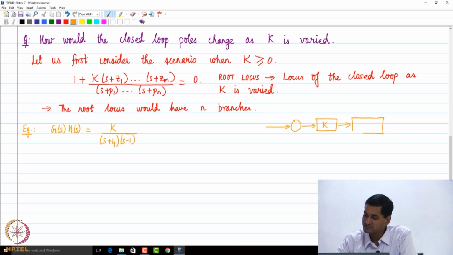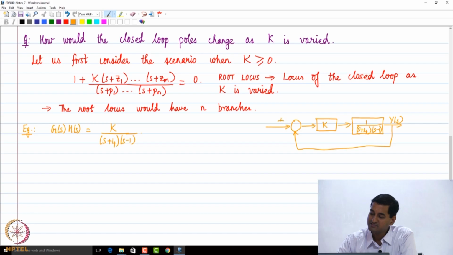Let's say the plant transfer function is 1 divided by (s+4)(s-1), and suppose I have unity feedback, that means H(s) is going to be 1.